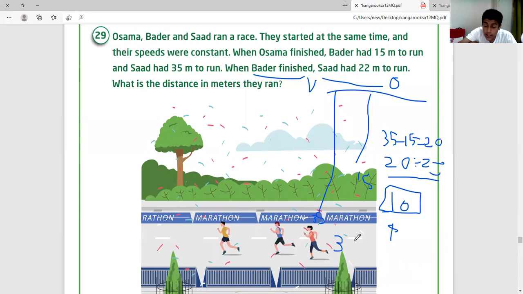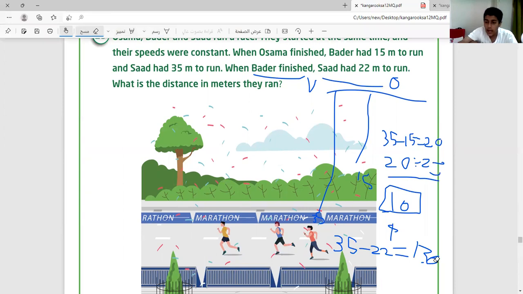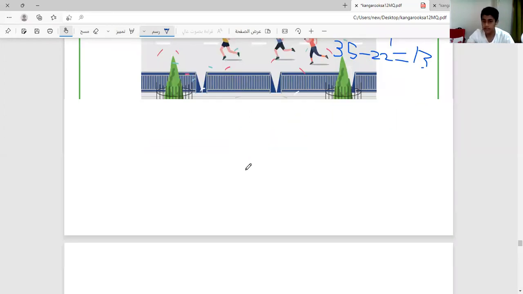So I'll subtract 22 from 35, which gives me 13. Then I'll multiply 13 by the speed of Badr, 10. So he'll give me 130. So is 130 the last answer?